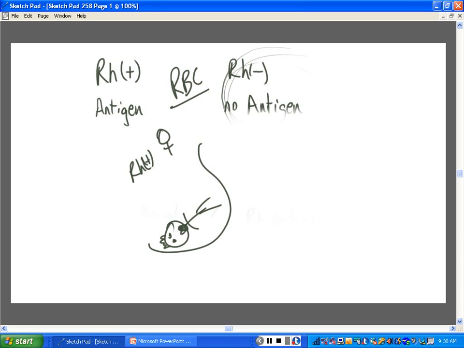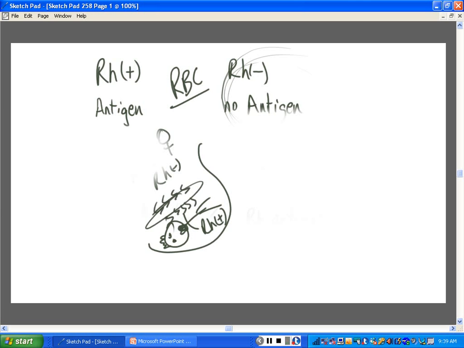It's only if the mom is Rh negative that we have anything to talk about here. And if the mom is negative and the little baby that is developing is positive. See, we have this temporary endocrine organ that I draw a little funny looking thing like this.